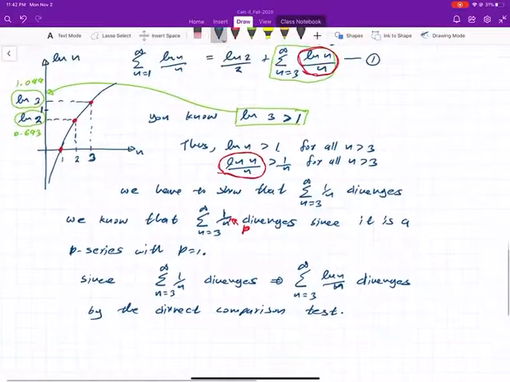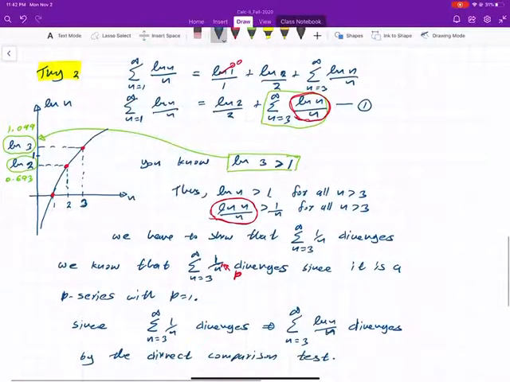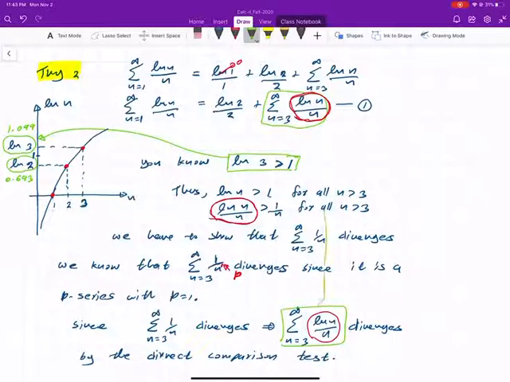Now you see this series is actually given right here. This equals that, they are the same.